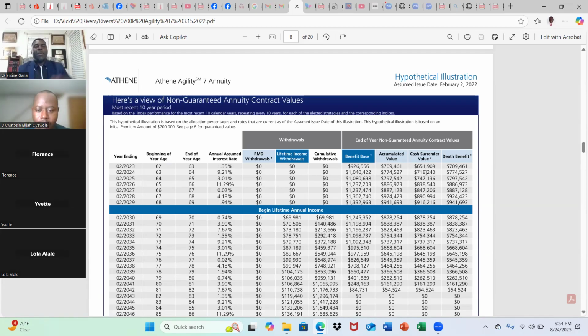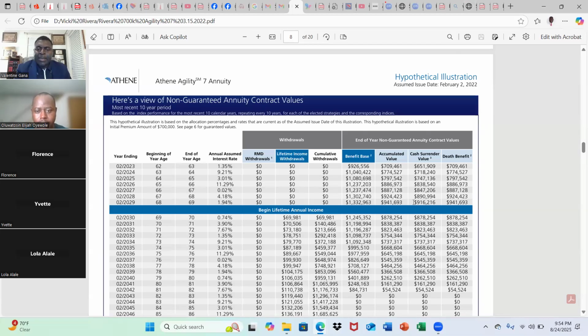Because they also take that money and invest it in long-term assets that they intend to grow so that they can pay you an income stream. So it has a cash surrender value, a death benefit, a benefit base, and this is generally what we call an income stream annuity.